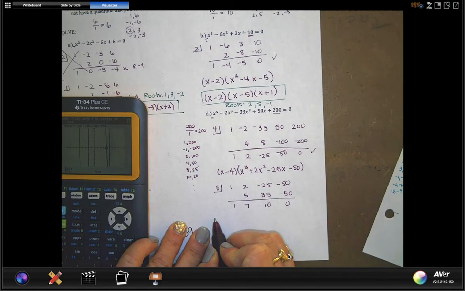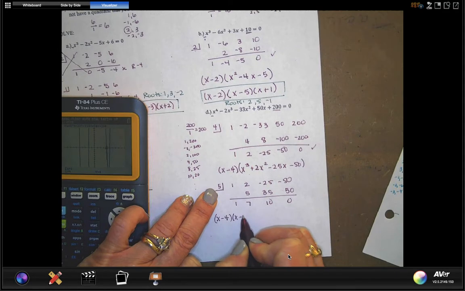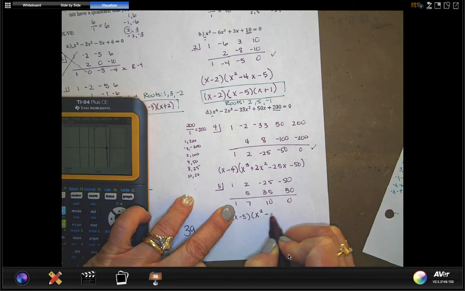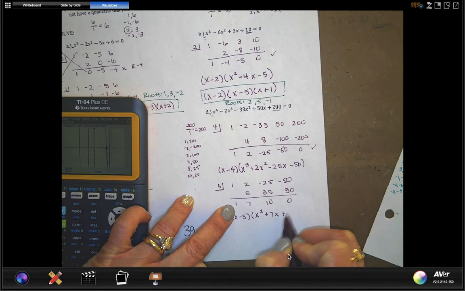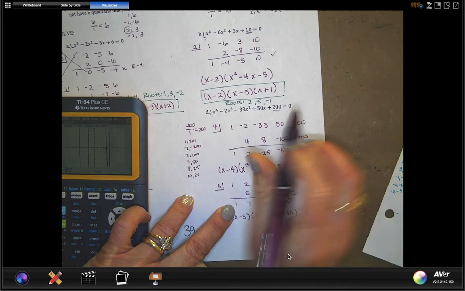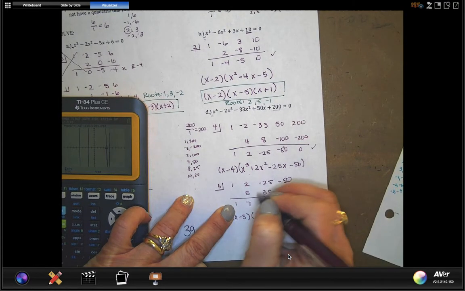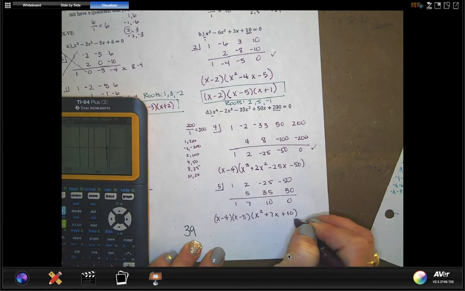So now we're at x minus 4, x minus 5, and then here we're at x squared plus 7x plus 10. So again, this right here was still a cubic, so I still had to use synthetic division to get it down to a quadratic.